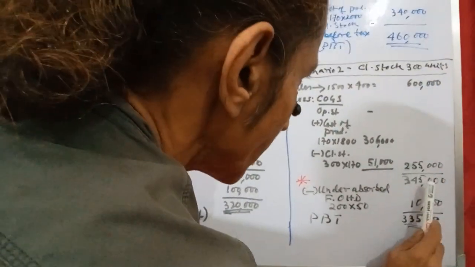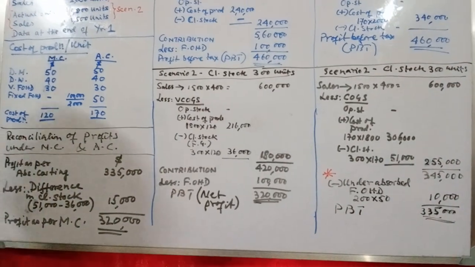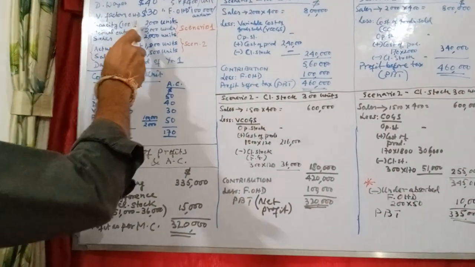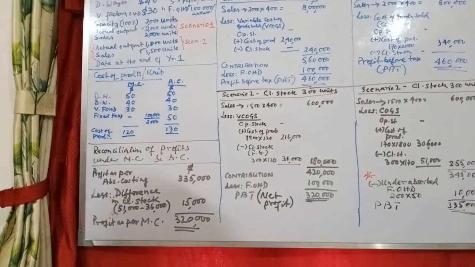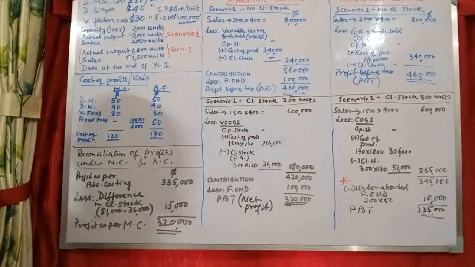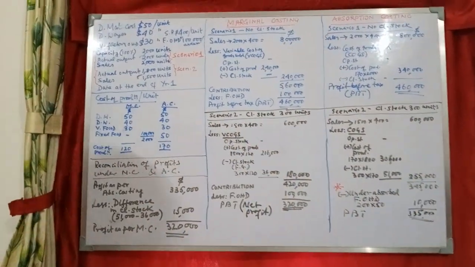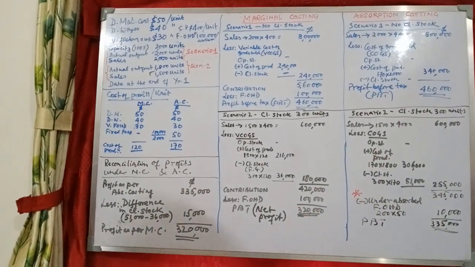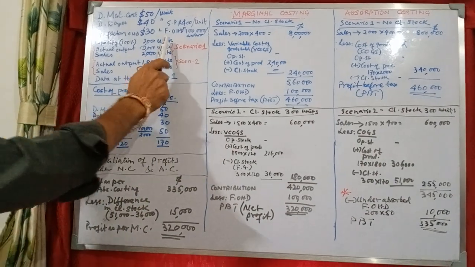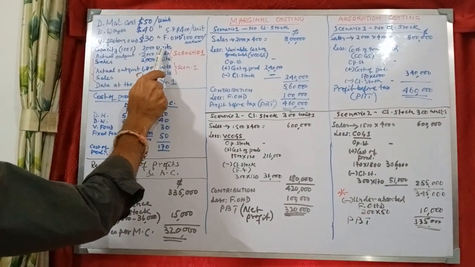We deduct 255,000, that is cost of goods sold, from sales, and we get 345,000. But this is not profit before tax or net profit. Why? Because the firm has not produced the full capacity output. If the actual output is less than full capacity output, that means there is under absorption of overhead. Overhead could have been fully absorbed had the firm produced full 2000 units, because fixed overhead is fixed on the basis of capacity output, 100% capacity output.